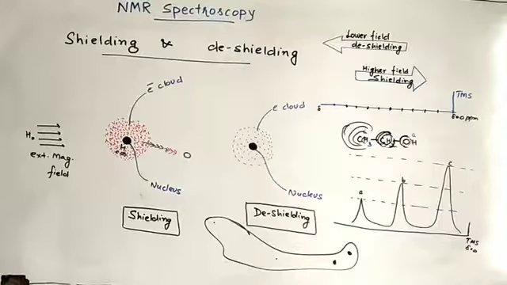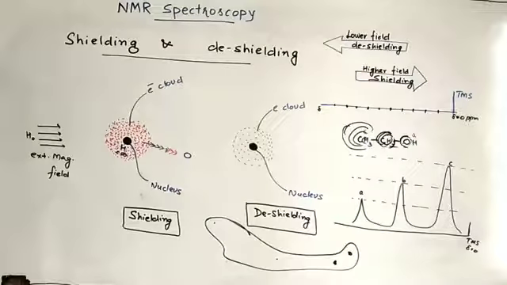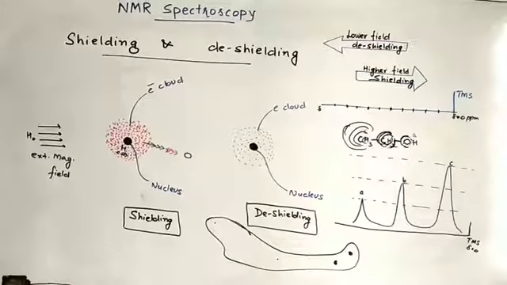Okay, so this shielding and de-shielding is what makes the difference, which is the basic concept of NMR. We said that there are three types of protons in ethanol, A, B, C. Why do we call A, B, C different?